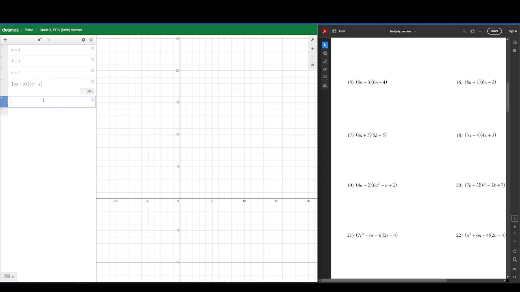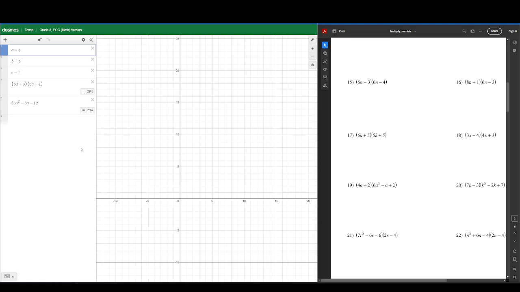And then if I put in my answer, 36a squared, and then I have 18 minus 24, so minus 6a, and then minus 12, I get the same 294, so I can be relatively sure that that's correct. If you want to be really, really sure, you can change a to be a couple different numbers, and if they keep matching, then you can be even more certain that it's correct. But you're already pretty certain at this point. The odds of it randomly being correct is very low.